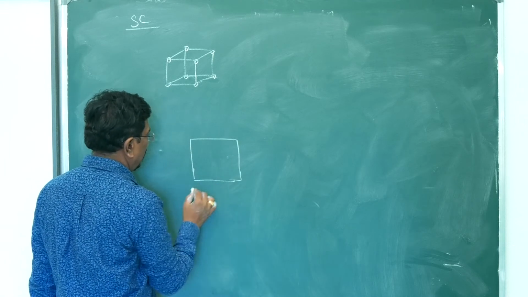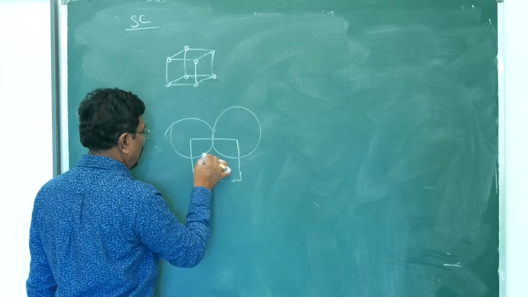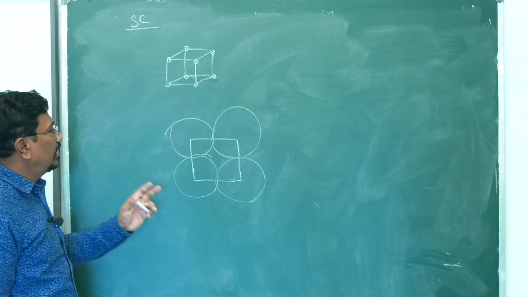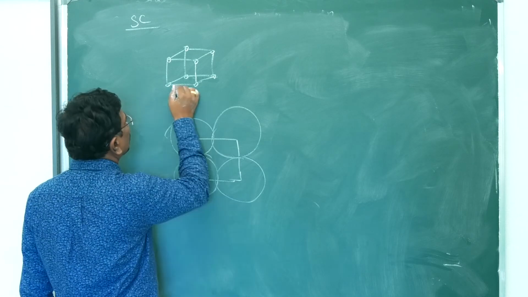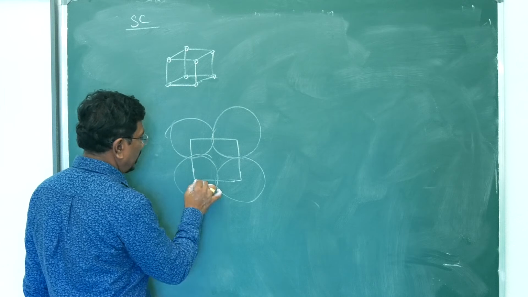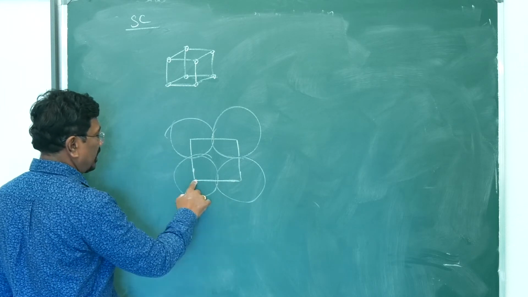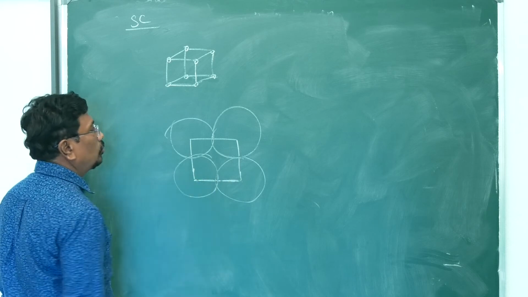Front side, an atom, an atom, an atom, an atom. This is how it is bonded. If the edge length is like this, it is equal to 2r. The radius of the atom, if you consider, is r. Edge length a is equal to 2r. That's how it comes.